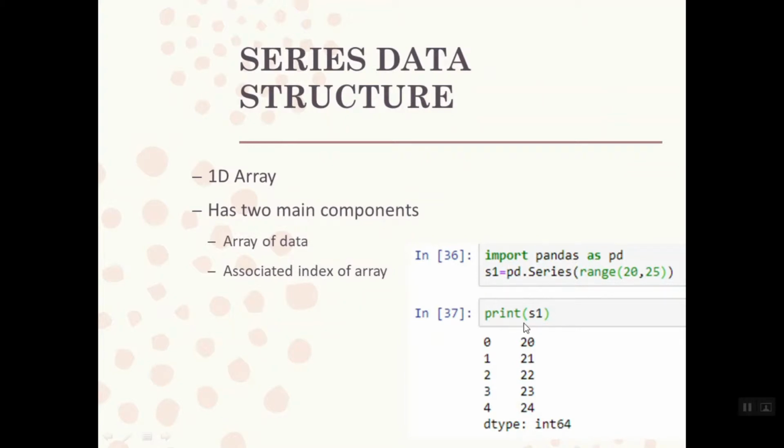When we print s1, we get the values 20, 21, 22, 23 and 24. The indexes are by default starting from 0 and so on. We have 5 objects, so the index lies between 0 and 4. And the default type is int64.